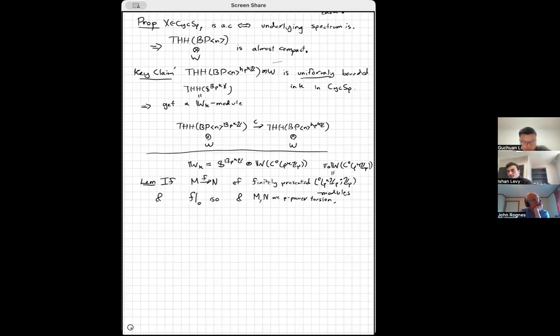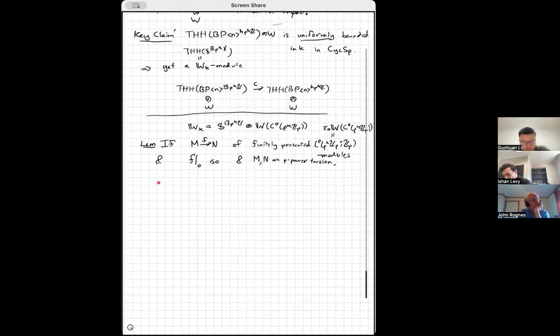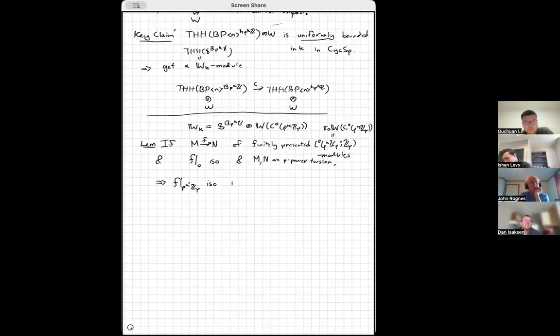Then the conclusion is that this isomorphism at the point 0 spreads out to some neighborhood of 0. So f restricted to p^k' Z_p is an isomorphism for k' sufficiently large.